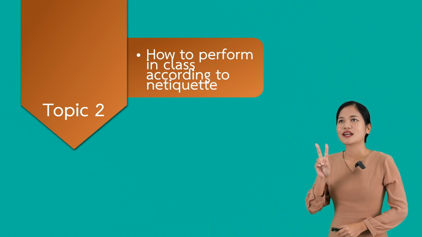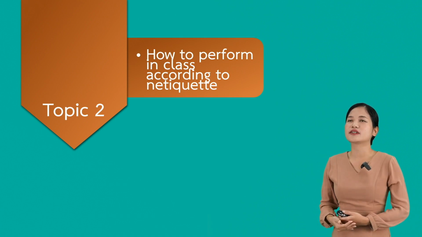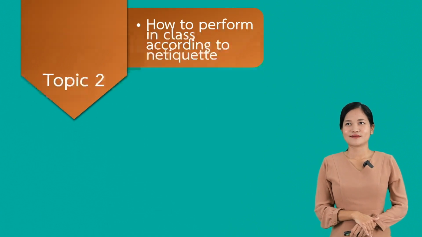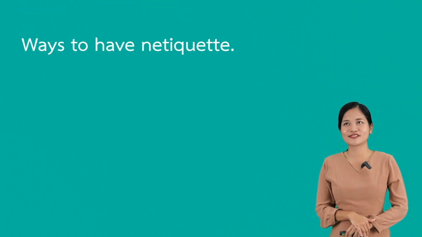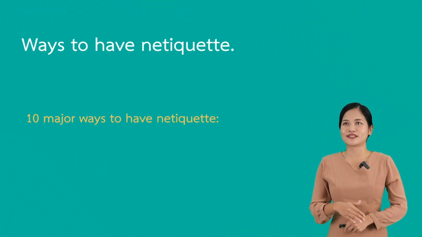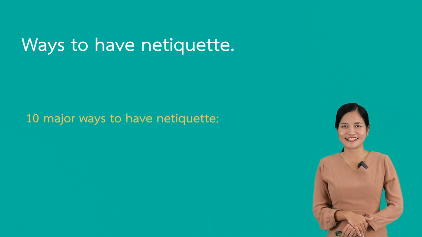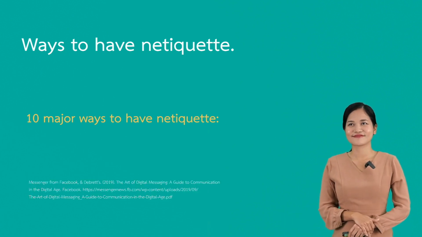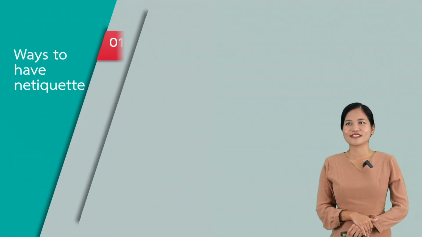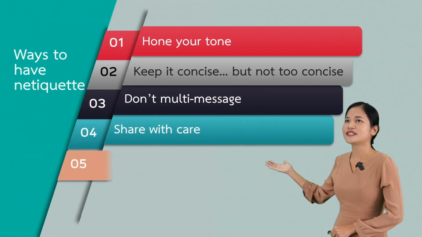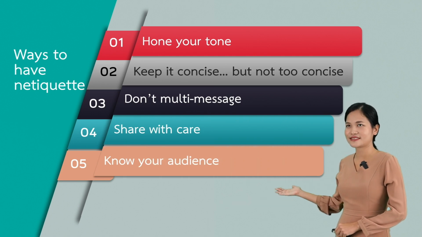Okay, so here, take a look at this. Topic 2, how to perform in class according to netiquette, or good manners. I'm going to focus on this one first. Ways to have netiquette: 10 major ways to have good manners in a classroom online. Take a look at this first. Mind your tone. Keep it concise, but not too concise.